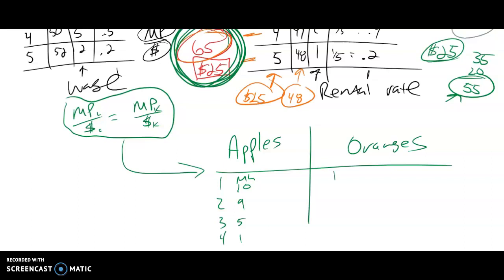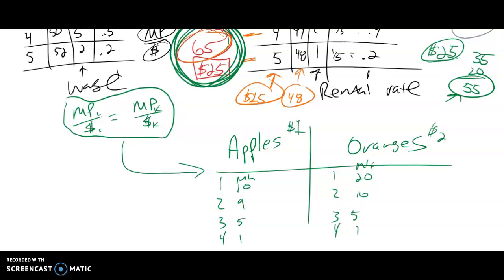And same thing with oranges, 1, 2, 3, 4. My marginal utility that I get from each orange, it's amazing, it's okay, it's fine, I don't really want it anymore. And let's say apples are $1 and oranges are $2, right?